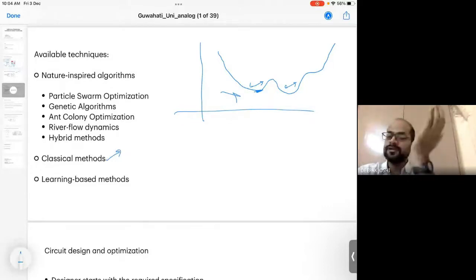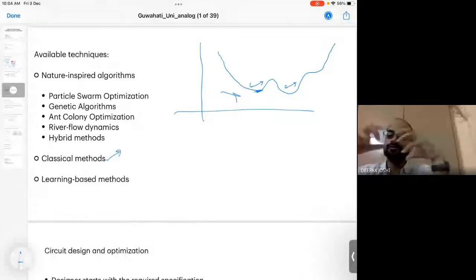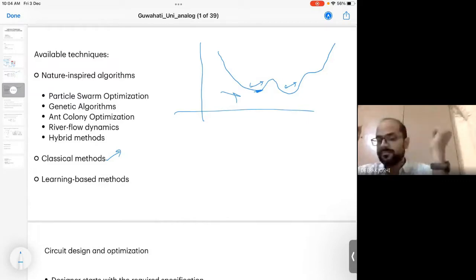We made a hybrid out of these two and used it on analog circuits, so that we can ensure we are converging and avoiding the local traps. That was the idea of developing the hybrid methods.